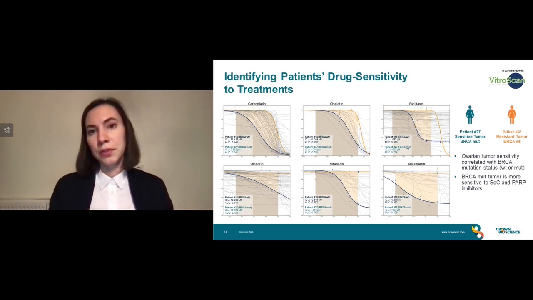And the other patient tumor that was resistant to the treatments to PARP inhibitor and to platinum drugs was a BRCA wild-type tumor. So this assay confirms our functional readouts that correspond to the genetic background of the tumors.